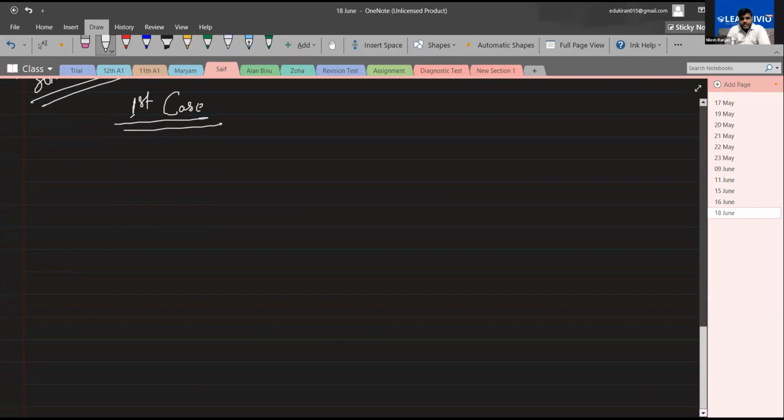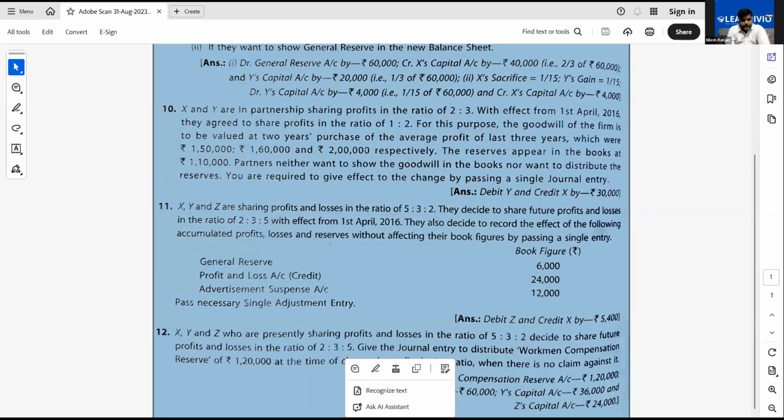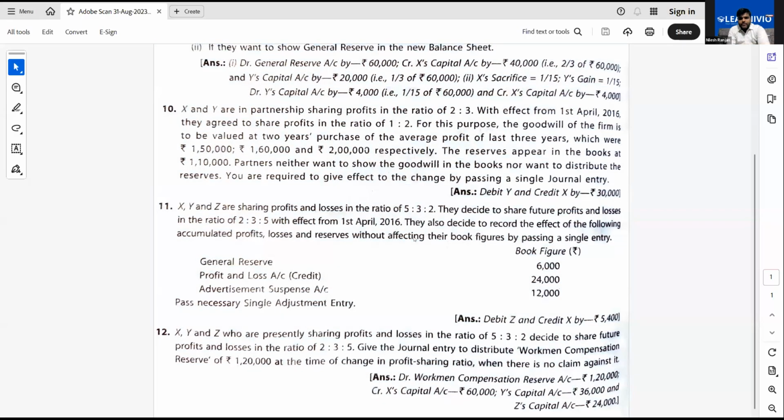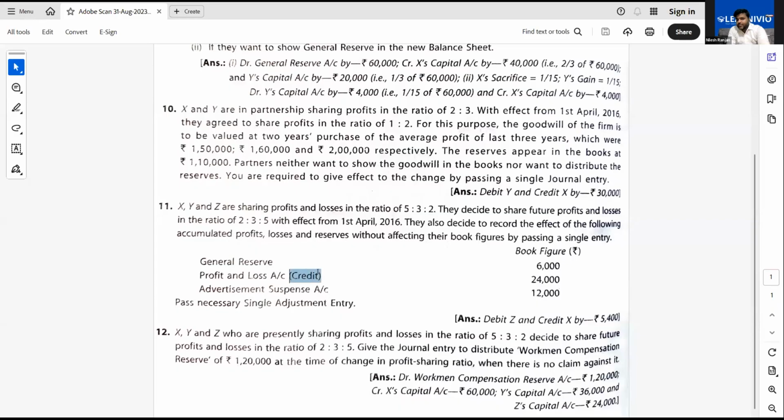Now, in first case, what we have to do, we have to take old profit sharing ratio, and we have to calculate profit and loss separately. So total profit and reserve: 6,000 and 24,000.